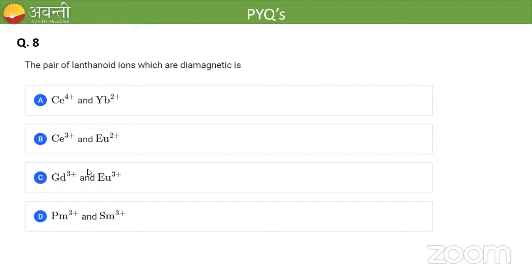The third ion is cerium 4 plus, and option A has cerium 4 plus and ytterbium 2 plus. The four ions which are diamagnetic in nature are lanthanum 3 plus, lutetium 3 plus, cerium 4 plus, and ytterbium 2 plus. Except these four, all others are paramagnetic.